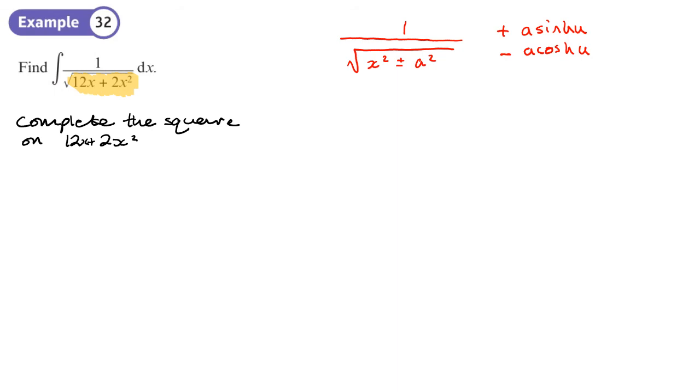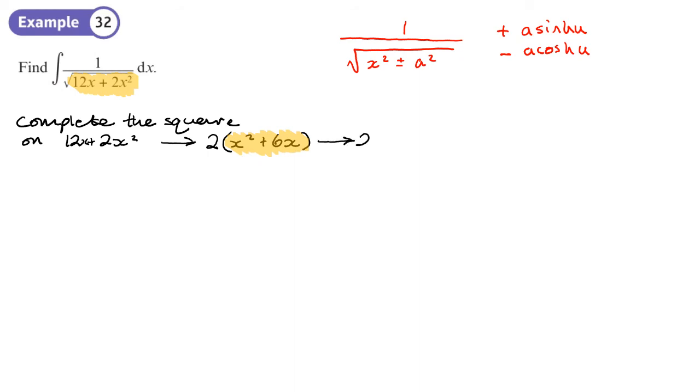So the first step, if we're completing the square, you need to take the 2 out. So that would leave x squared plus 6x. And then we're only going to be completing the square on what's in the bracket here. So we'll complete the square on that.